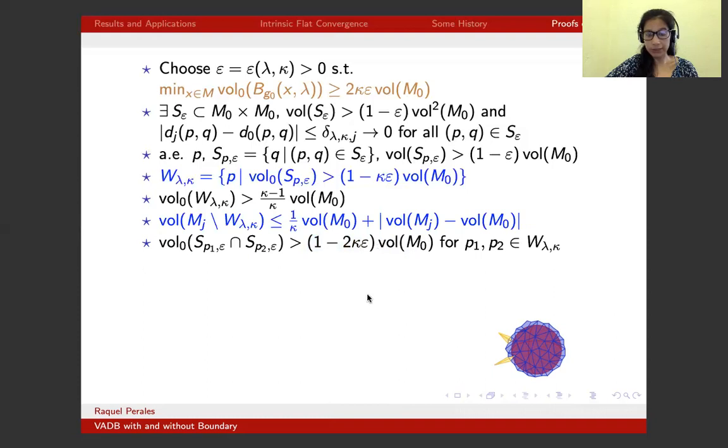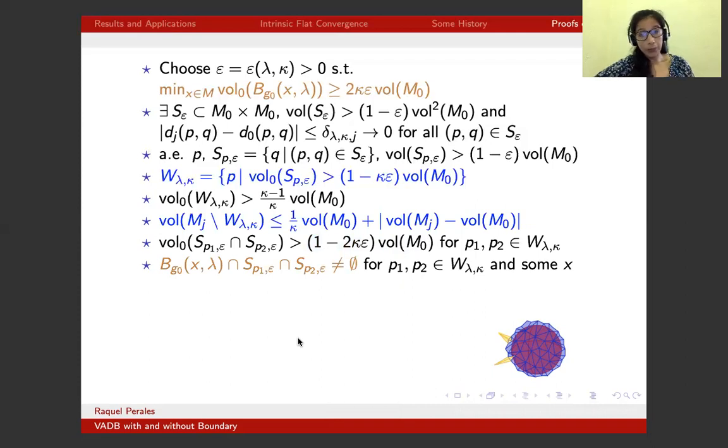Okay, so that's very easy to prove. The next thing we can say is that for the intersection of sp1 epsilon and sp2 epsilon, there should be some x in our manifold M such that the ball around this x of radius lambda intersects both sp1 epsilon and sp2 epsilon.